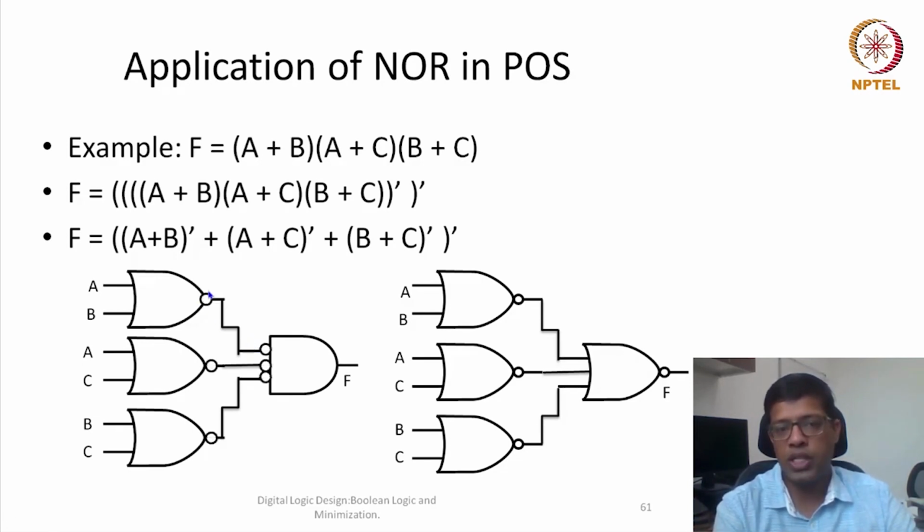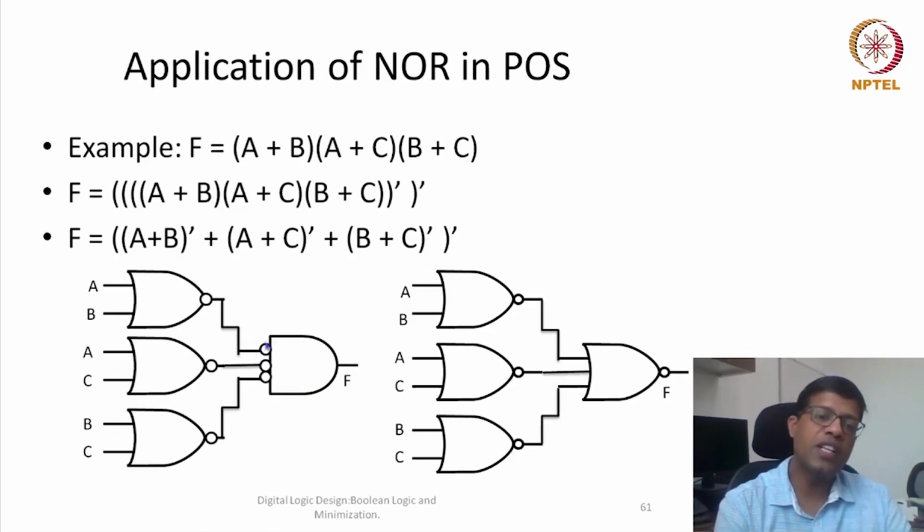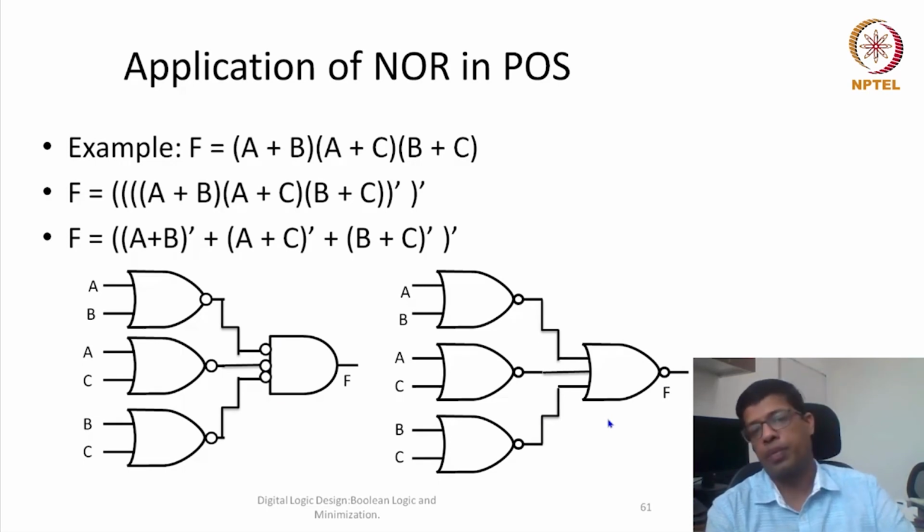This output should not change because of the two inverters, similarly for this output and this output. Now, because of these inverters, this has become a NOR gate, this has also become a NOR gate, and an AND gate with inverted inputs is called a NOR gate.